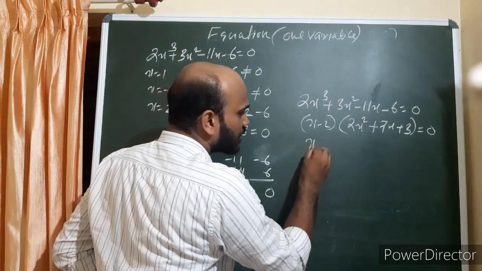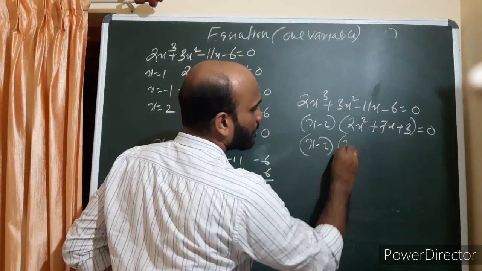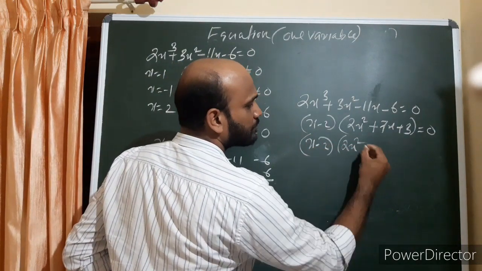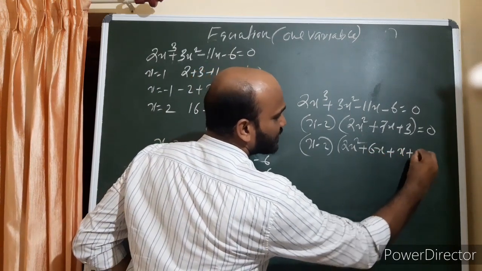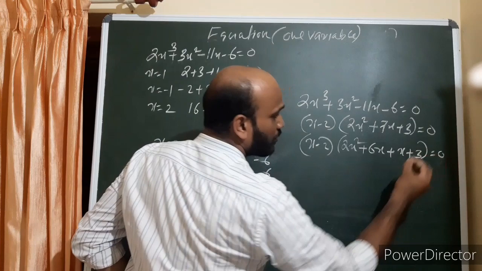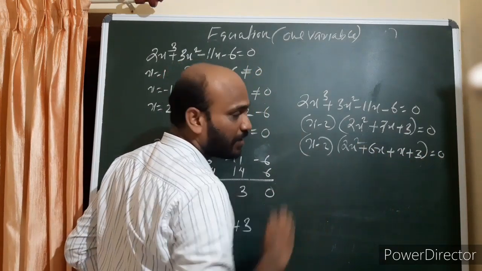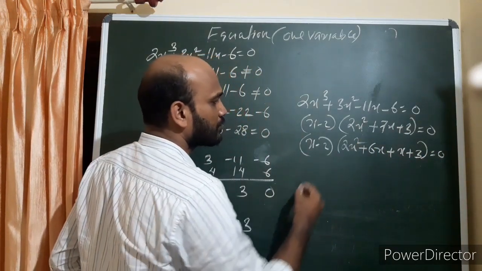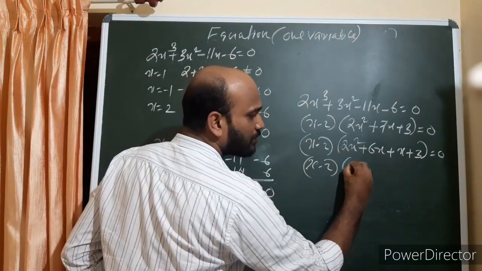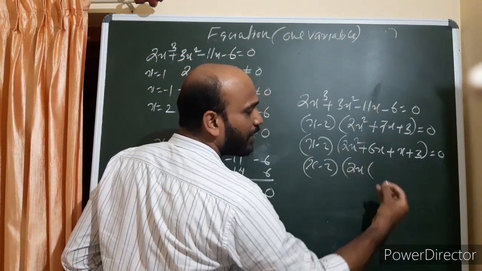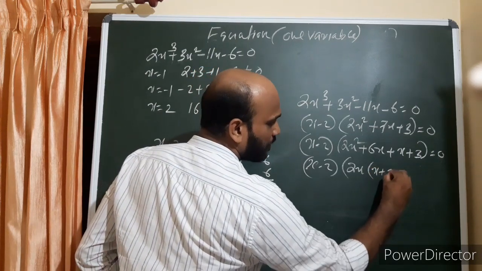So you have to do it like this: x minus 2 into 2x square plus 6x plus x plus 3, because the two numbers are 6 and 1. So x minus 2 into, take the common term, that is 2x, remaining terms will be x plus 3.